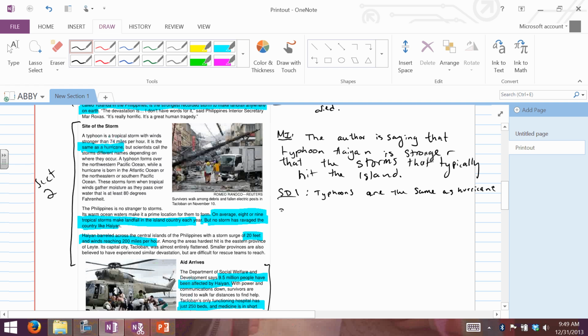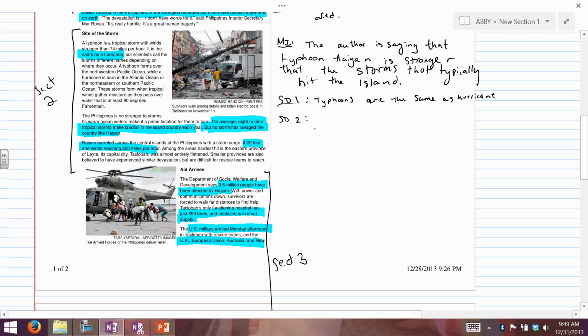And then supporting detail 2. Let's make this bigger, actually. Supporting detail 2 should probably talk about the fact that they get a lot of storms, right? So why don't we say, why don't we do a quote here?